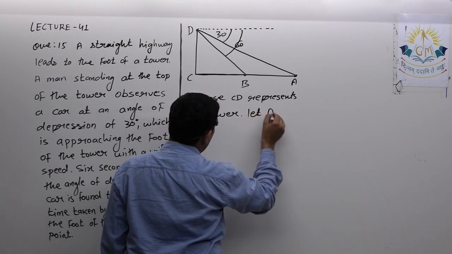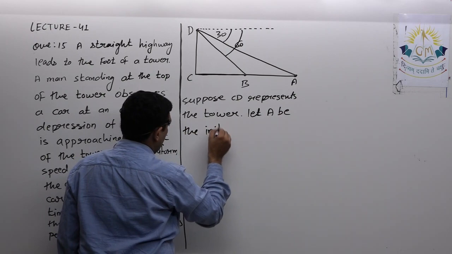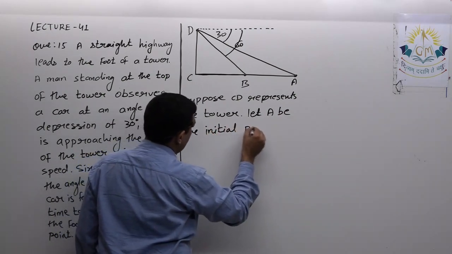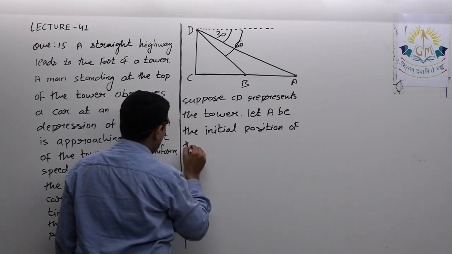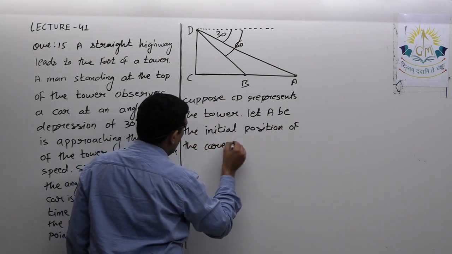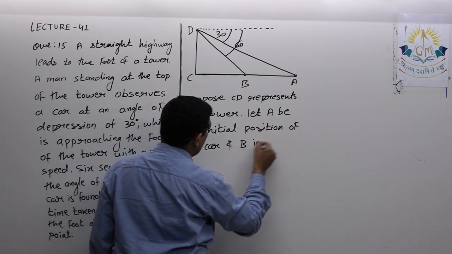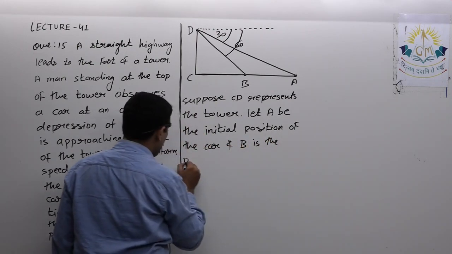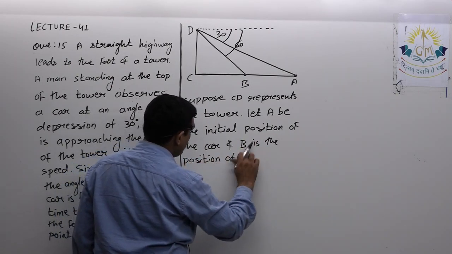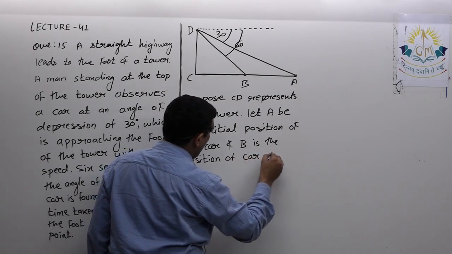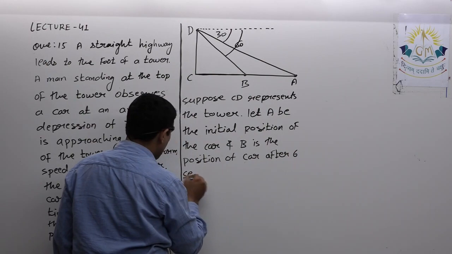Let A be the initial position of the car and B is the position of the car after 6 seconds.